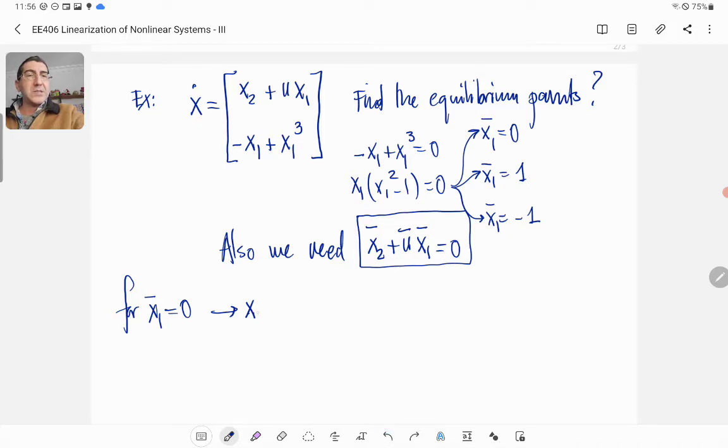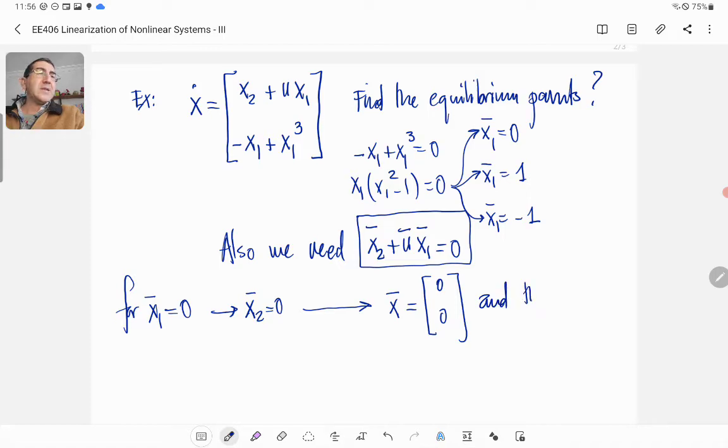That gives us one of the equilibrium points: x bar simply becomes (0, 0), and the input becomes irrelevant. That means this point is an equilibrium point independent of the input. The input does not matter for this point.